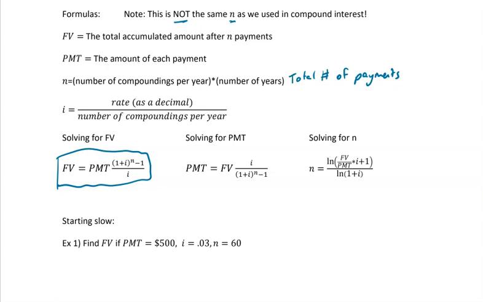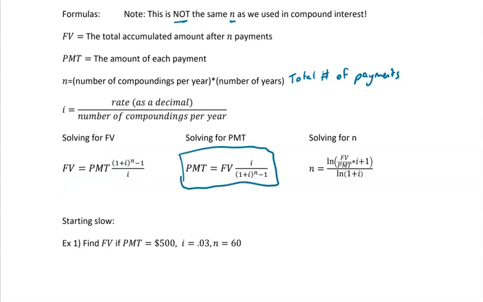PMT is not too difficult to solve for. All you would do is divide by all of this stuff, and we get this equation. The work's already done for you here, so anytime you're looking for the payment, use this one.